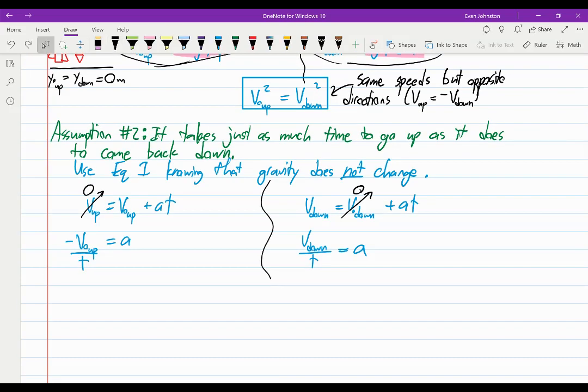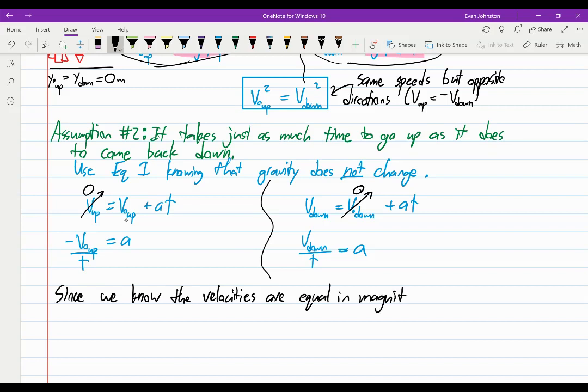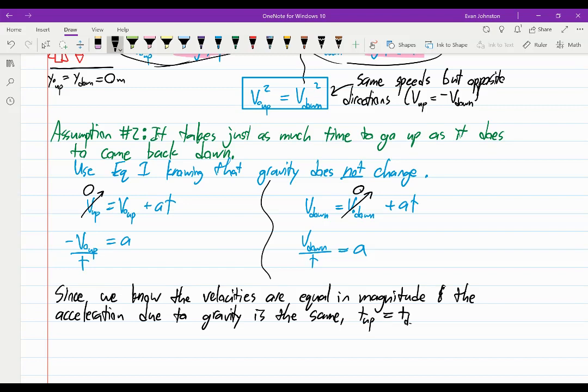So since we know the velocities, I'll use a fancy word here, are equal in magnitude, that just means size, and the acceleration due to gravity is the same, well, then t up really must equal t down.